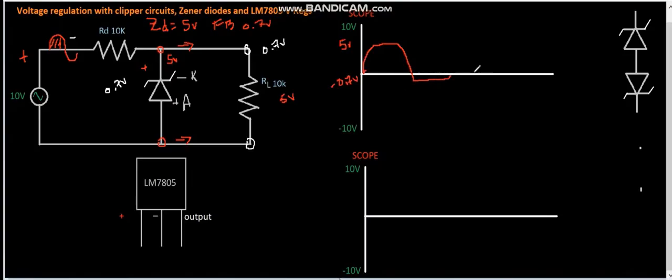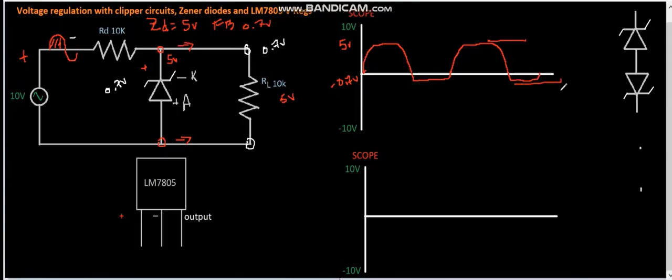And then when it gets back to positive territory, it will go back up, and at 5 volts, it's going to conduct, and then it's going to stop conducting at 0.7 volts, and it sort of continues. So we end up with a waveform that sort of looks like this, which is called a positive clipper.